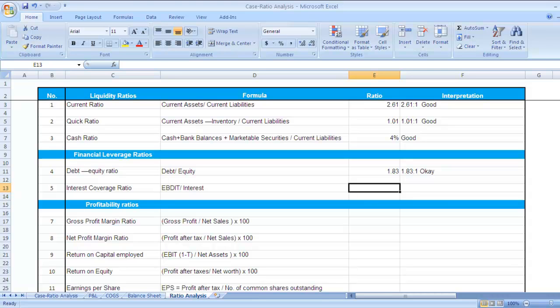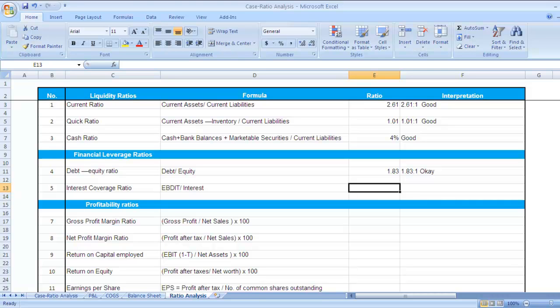That is EBITDA divided by interest. The interest coverage ratio shows the number of times the interest charges are covered by funds that are ordinarily available for their payment. Since taxes are computed after interest, coverage is calculated in relation to before tax earnings.